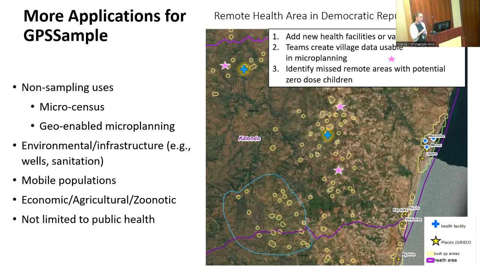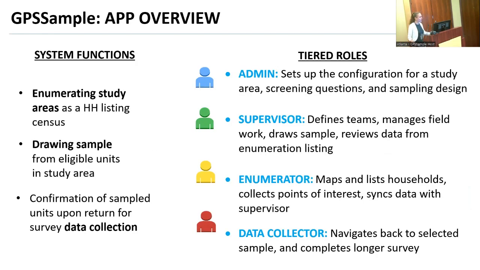These points of interest could be vaccine posts that you haven't identified yet, or nutrition sites, wells, or additional features. We think this is really interesting and applicable to other avenues as well, not just public health, but also WASH and zoonotic diseases. So I'm going to turn it over to Brian.